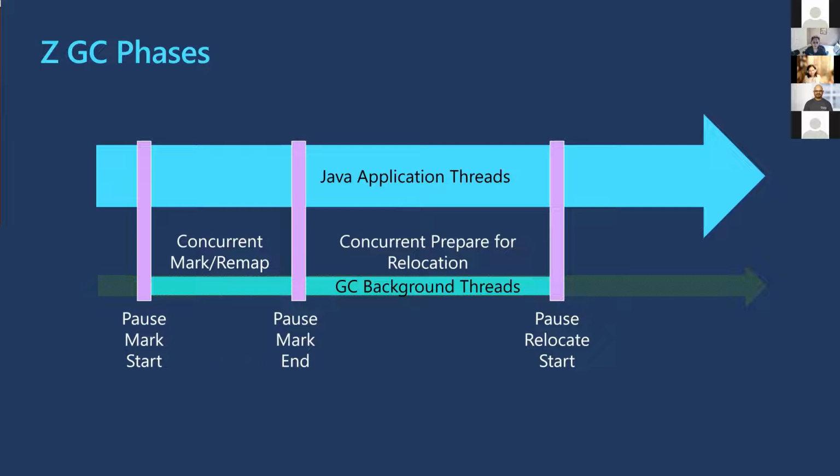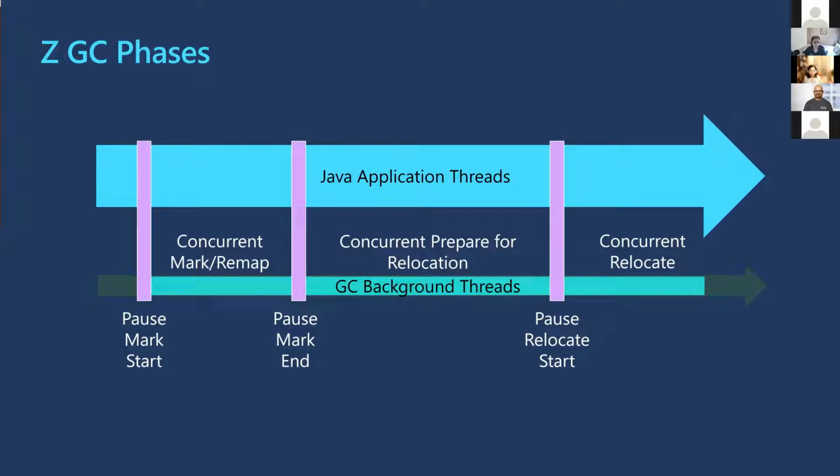And then this pause relocate start is where we say, let's sync up everything and make sure that our relocation sets are ready. And then we start doing the relocate in the background, while the application threads are running.